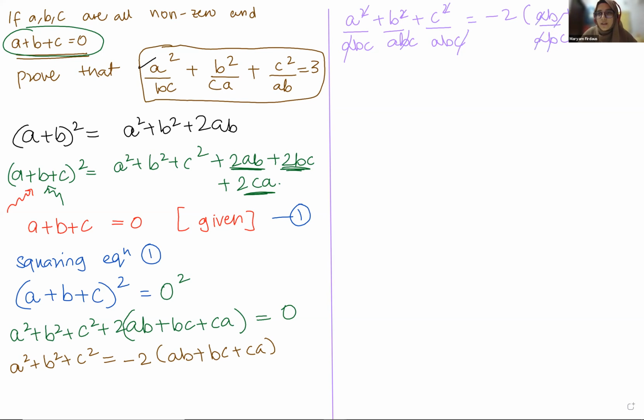We are basically left with A by BC plus B by AC plus C by AB is equal to minus 2 times 1 by A plus 1 by B plus 1 by C. Okay.